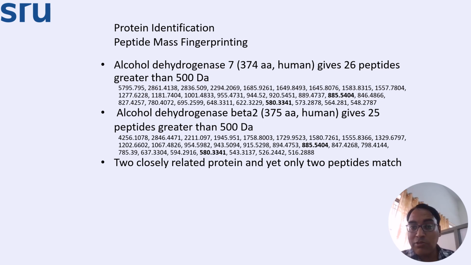But when I'm checking the size of the peptide fragments, see, 885, 580, only two peptides are coming exactly close. Even within closely related protein sequences, only two peptides are overlapping as a class of similarity, which belongs to the alcohol dehydrogenase class.